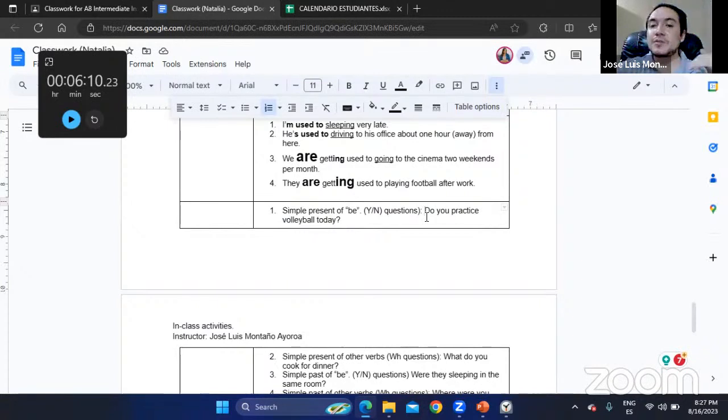I'm short, I'm tall, I'm very happy right now. I'm in the park, right? And so on and so forth. So the simple present of be is only the verb to be, and this is the simplest form of any sentence. All right, so what question do you have in mind? It has to be a very simple question. It doesn't have to be complex because we don't have complex ideas with the verb to be.